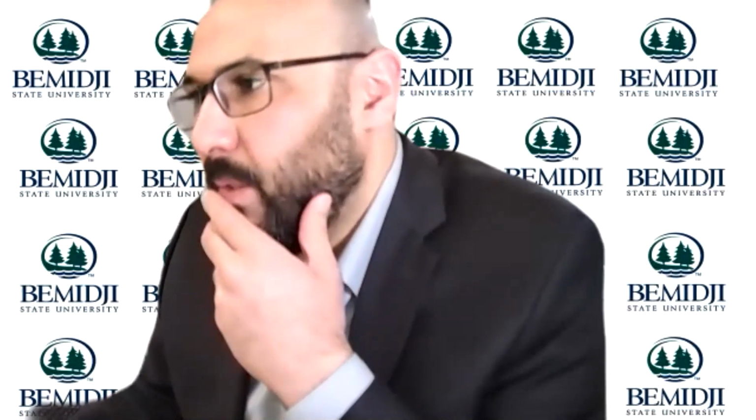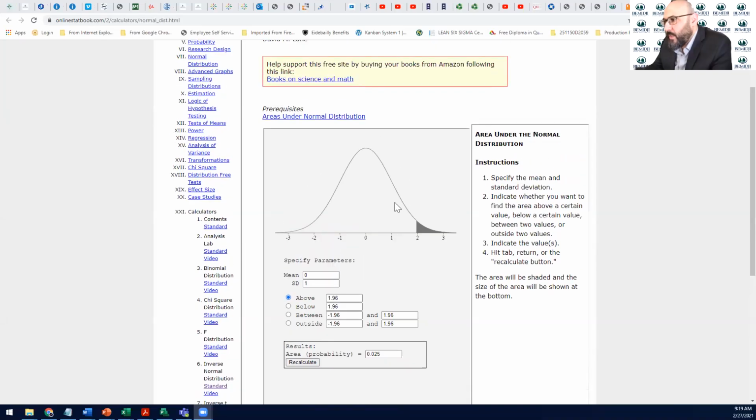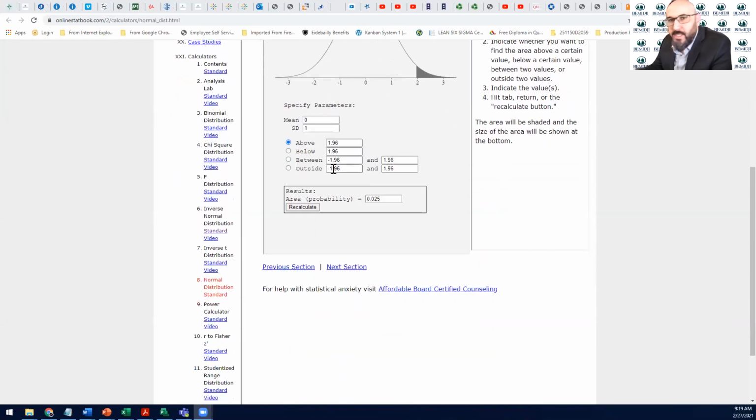All right, so this first link will find you the normal curve or the area under the curve. For the example of the 10-year-old girls with a mean of 70 and a standard deviation of 13, we're trying to find the percentage of the girls between 60 and 90.